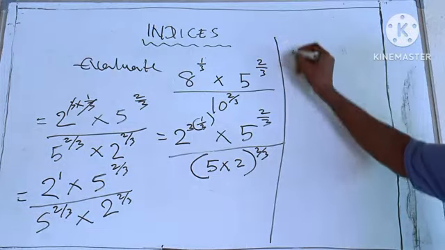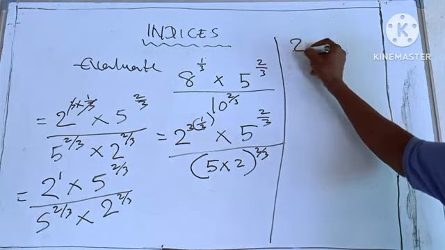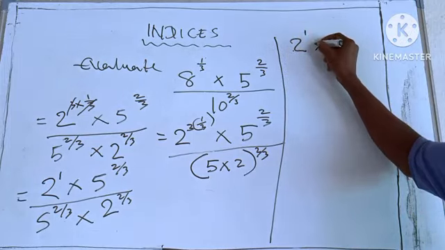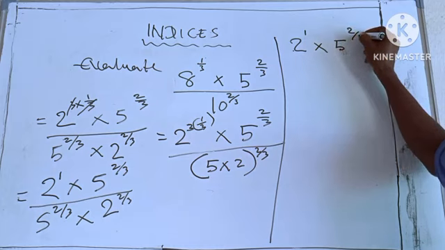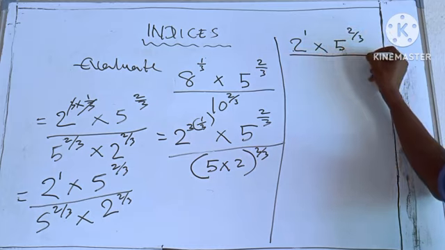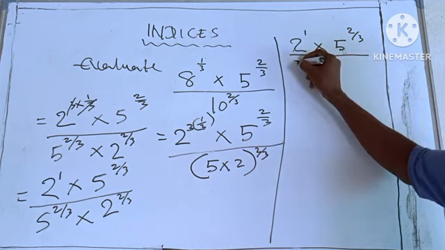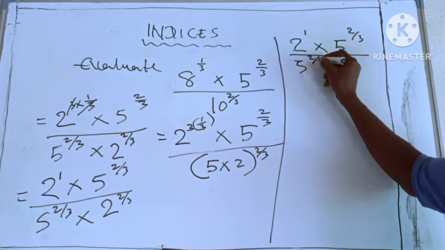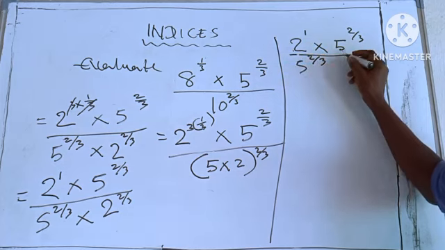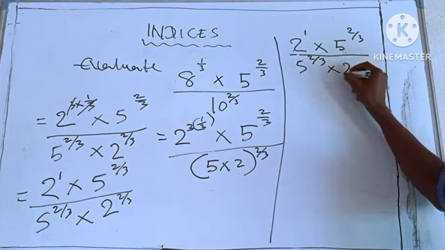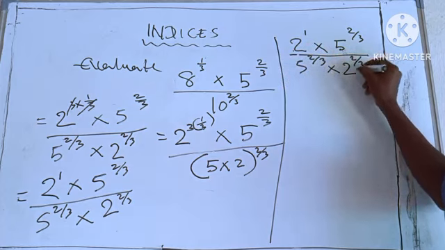Okay, we have 2 raised to power 1 multiplied by 5 raised to power 2 all over 3, right? I'm still writing the same thing. Then 5 raised to power 2 all over 3 multiplied by 2 raised to power 2 all over 3.